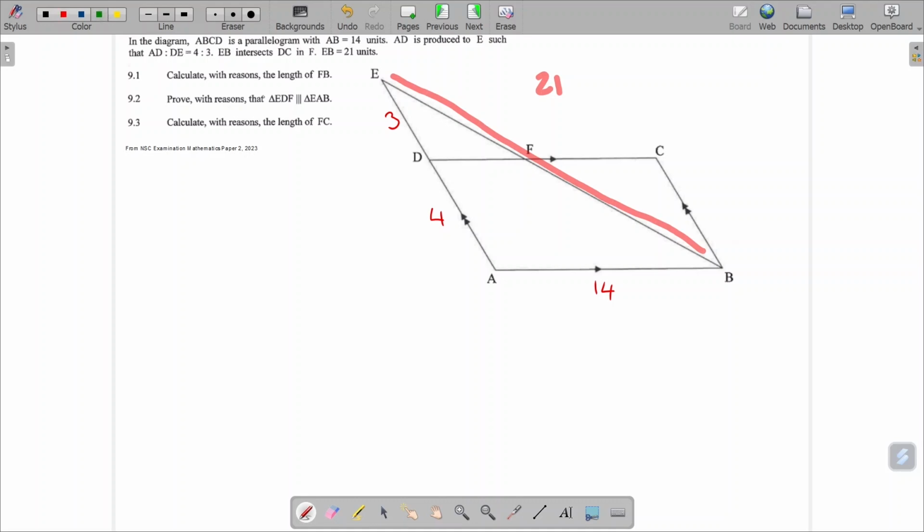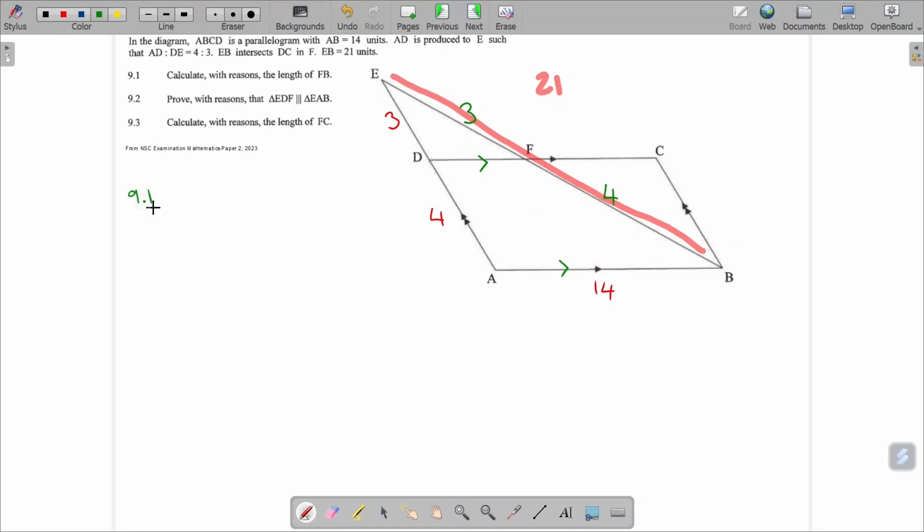Okay, so the first part is to realize that if we have this proportion 3:4, we need to look for a pair of parallel lines, which we have marked over there as FC, but it means that DF is equally parallel to AB, which means we now know that the proportion of EF to FB is also in the ratio of 3:4 because of the parallel lines.